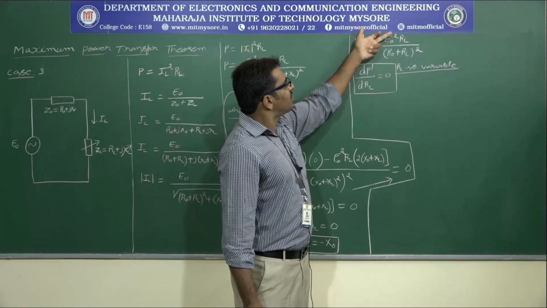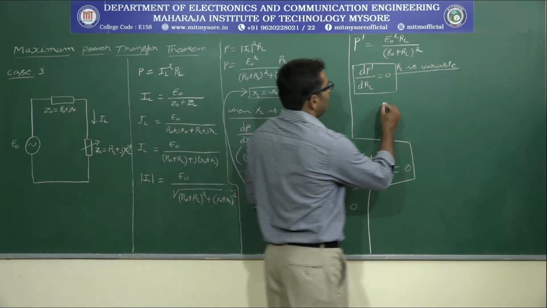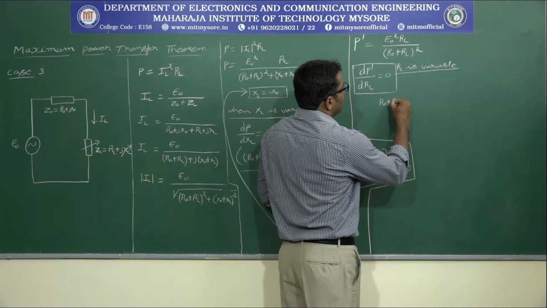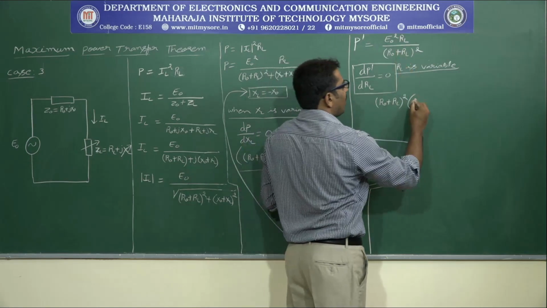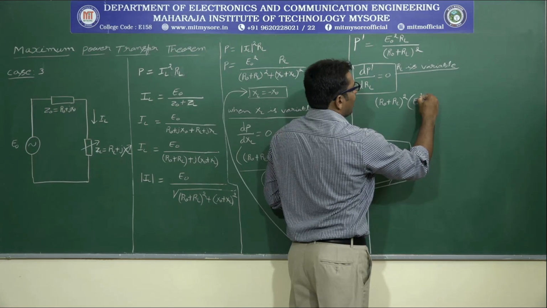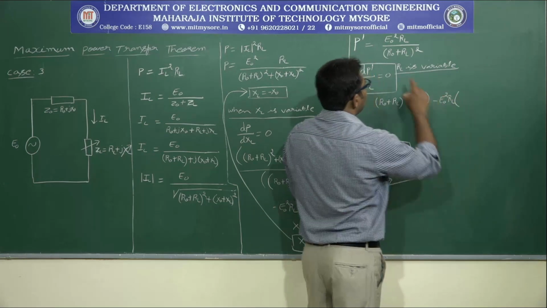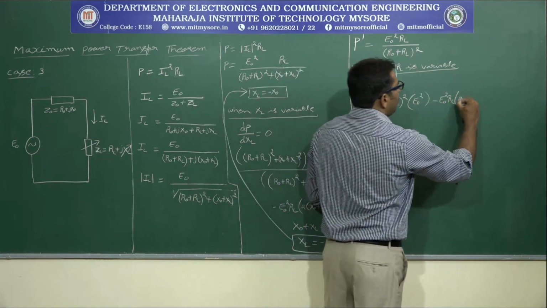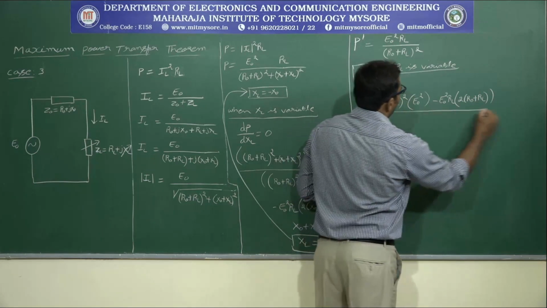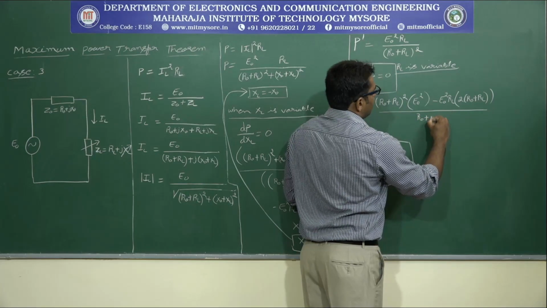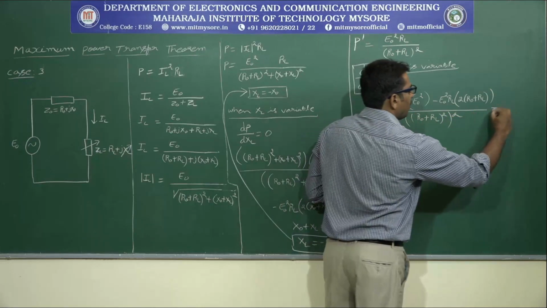P dash is E naught squared RL divided by (R naught plus RL) whole squared. Differentiating: denominator (R naught plus RL) squared into the differentiation of RL with respect to RL, which is 1, into E naught squared, minus E naught squared RL times the differentiation of the denominator, 2 times (R naught plus RL), the whole divided by (R naught plus RL) to the power four, that is equal to 0.